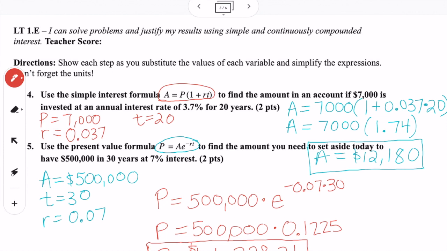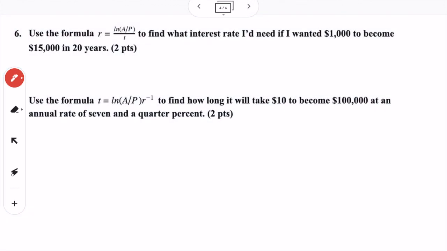All right, 2 more that we need to go through. The next one is using our interest rate formula here, to find the interest rate we would need if we wanted $1,000 to become $15,000. So our starting amount is $1,000. Our future amount is $15,000. And the years says 20 years.